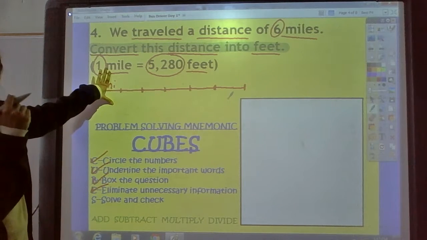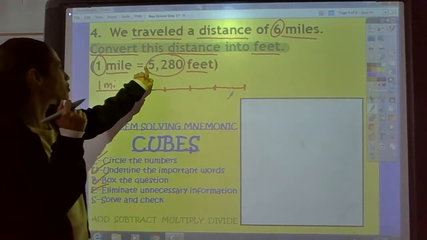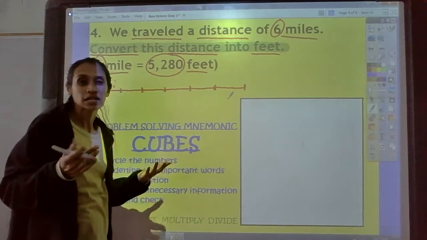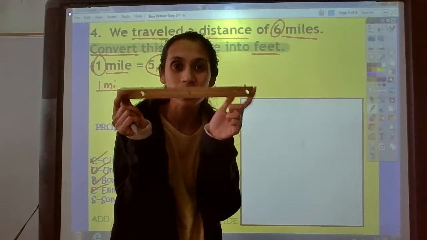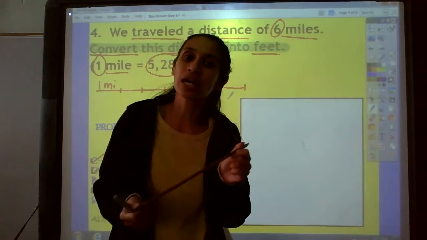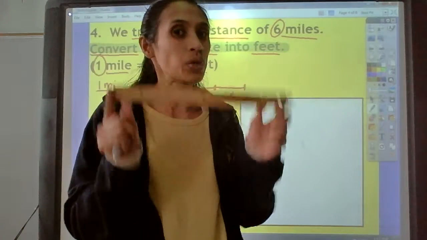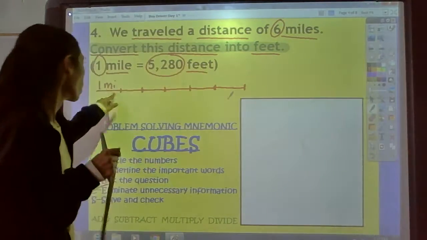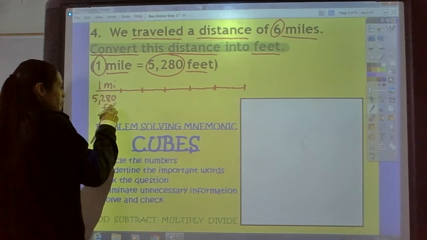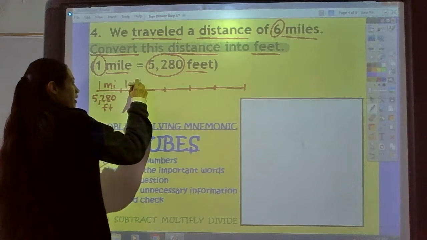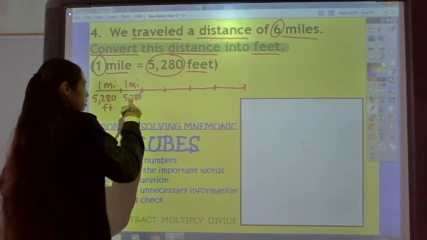Now, what do we need to do? We need to convert. The conversion says that 1 mile equals 5,280 feet. That means I need 5,280 of these. That's a lot of rulers. That's why they use miles, because that's too many rulers to measure. We need to convert it. 1 mile is the same thing as 5,280 feet.